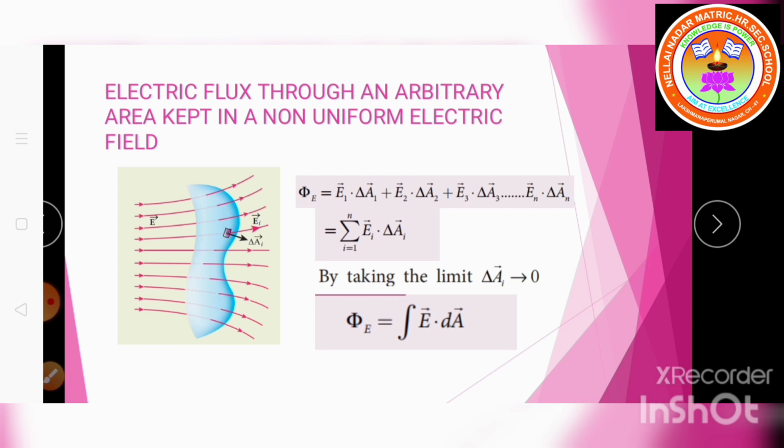It is the formula for electric flux for n number of charges, where the n depends upon the number of area elements with respect to the system of charges we are going to take. So the electric flux through an arbitrary area kept in a non-uniform electric field, we can write as phi E is equal to the integral of E vector dot dA vector.